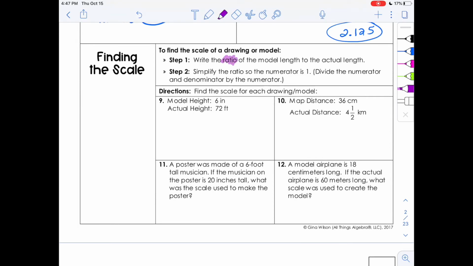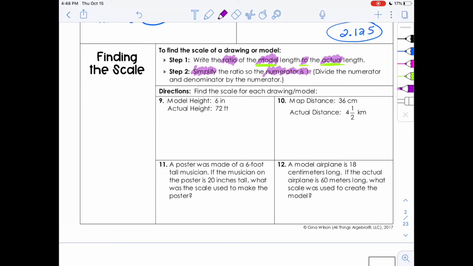So remember, we write that as a fraction of the model to the actual. Because remember, our scale compares the model to the actual. Then you're going to simplify that ratio so that the numerator is 1.